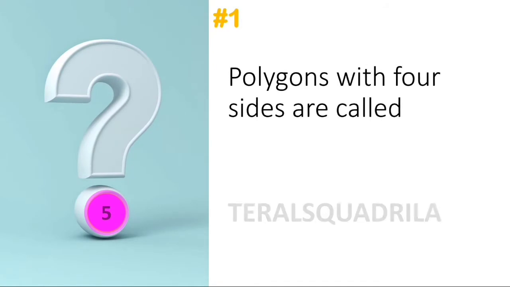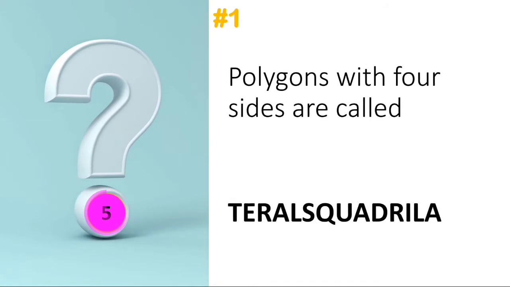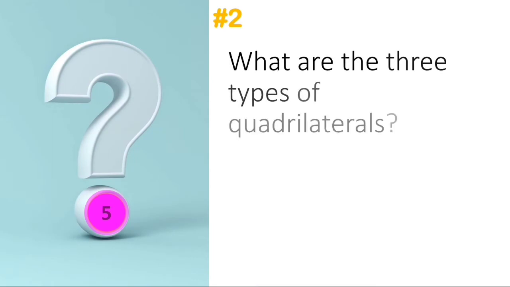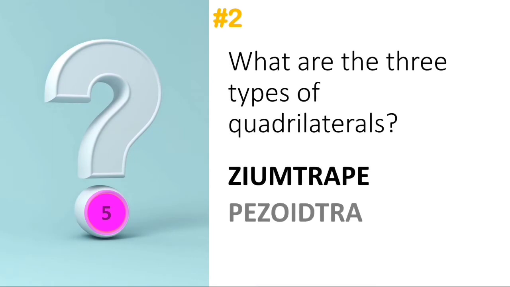Number 1. Polygons with 4 sides are called. Very good. Quadrilaterals is correct. Number 2. What are the 3 types of quadrilaterals?